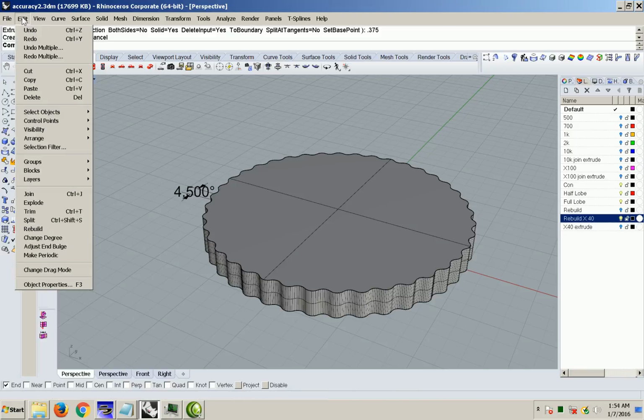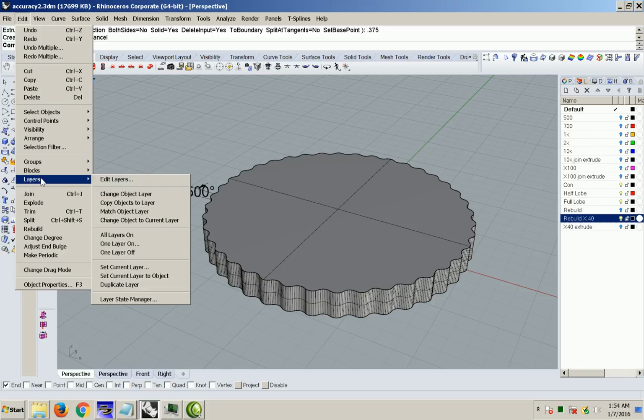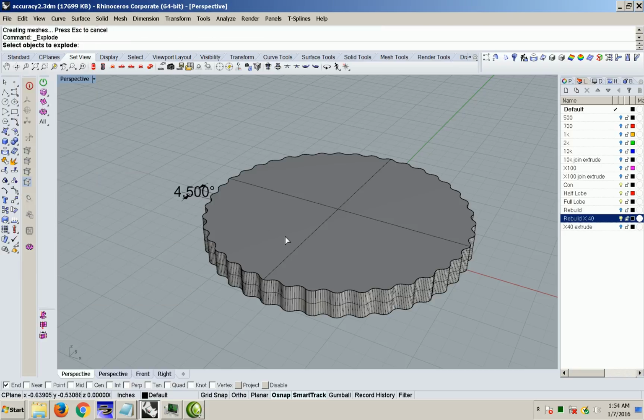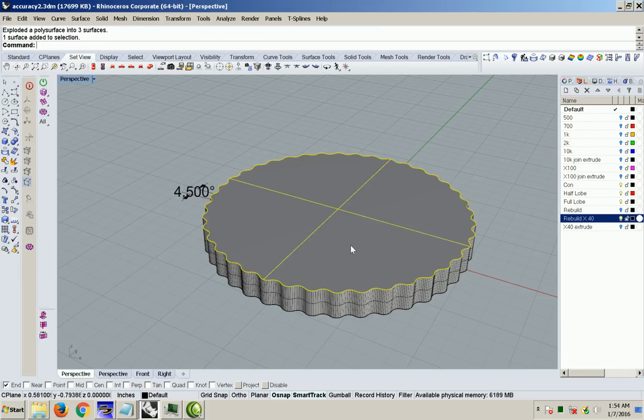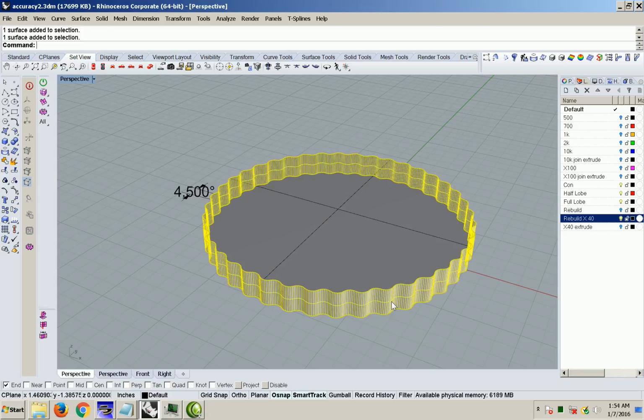Now when you explode the model, you can see that it's just 3 different surfaces. It's got a top, a bottom, and the side.